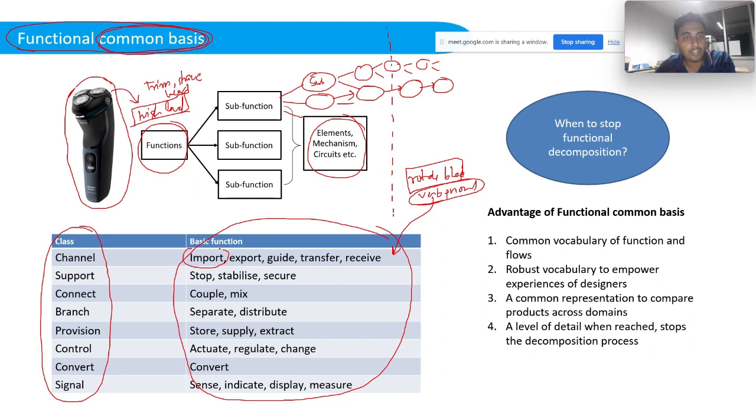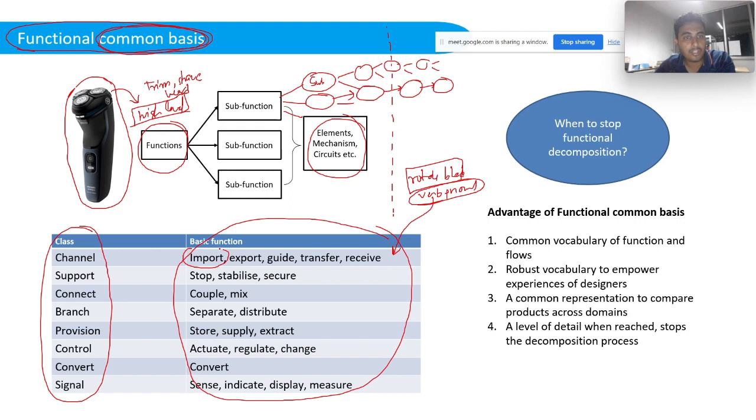First thing is that it adds a common vocabulary for various functions and flows. For example, if you are designing a trimmer and if you are designing something like a mixer, you may actually at the start initialize with different verbs.